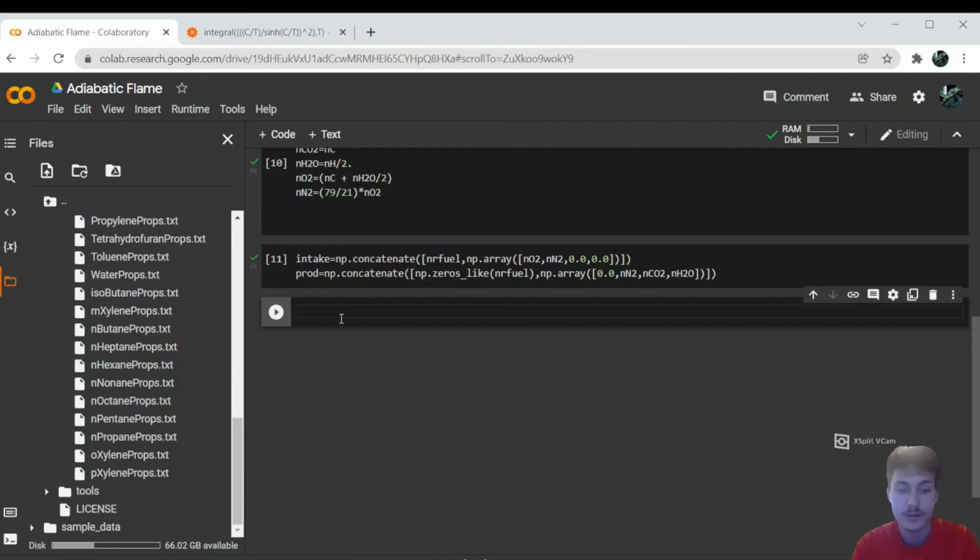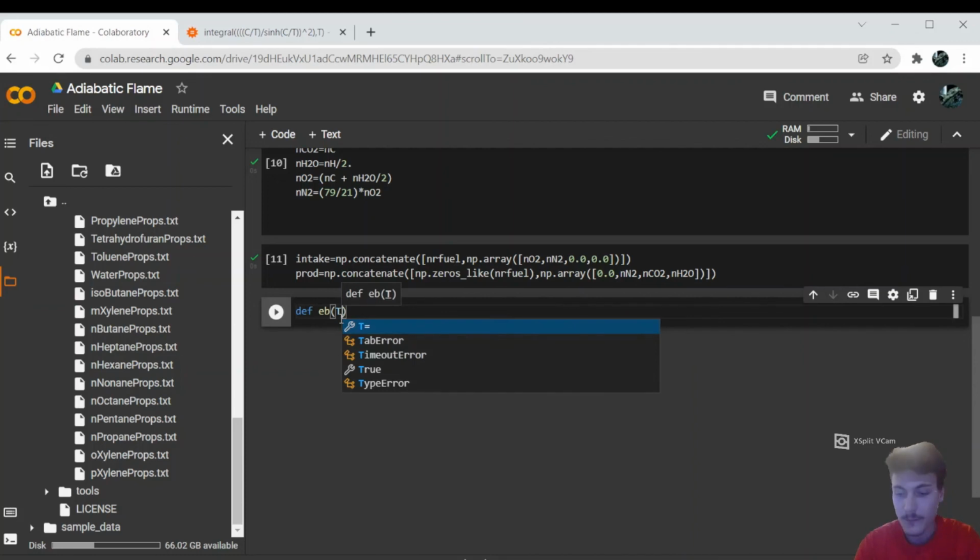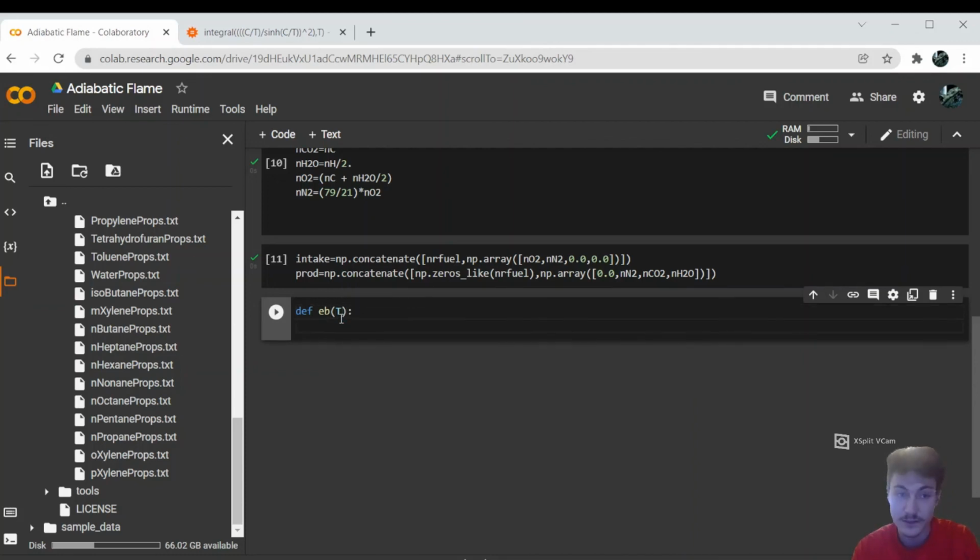Okay, so now we can do our energy balance equation where we have everything set up for that part finally. So now we can just define the energy balance, I'm just going to call it EB. We want to pass in our unknown temperature again, and then return the second function that we did, HIG.